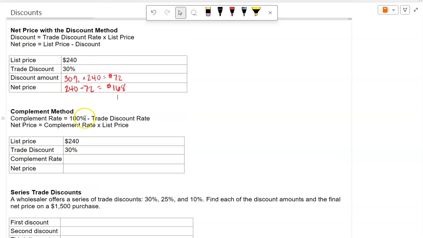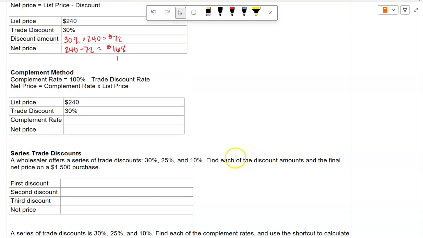There's another way to calculate net price, and that's by using the complement method. With the complement method, you calculate what's called the complement rate first. The complement rate is simply 100% minus the trade discount. In this case, the complement rate is 70%.